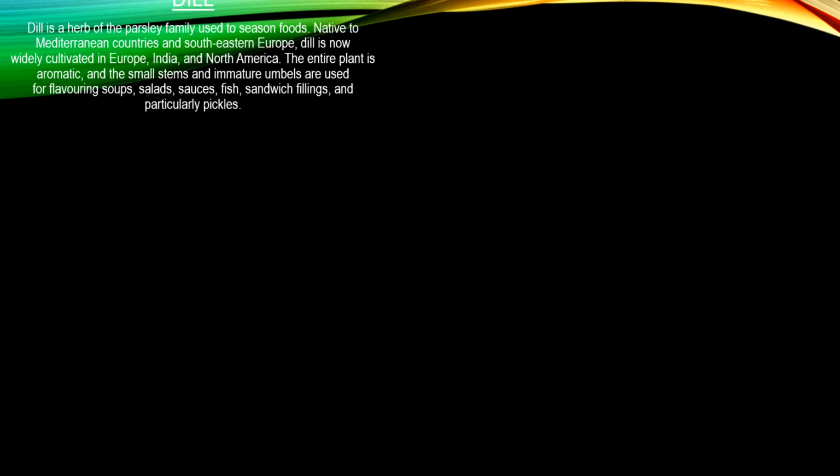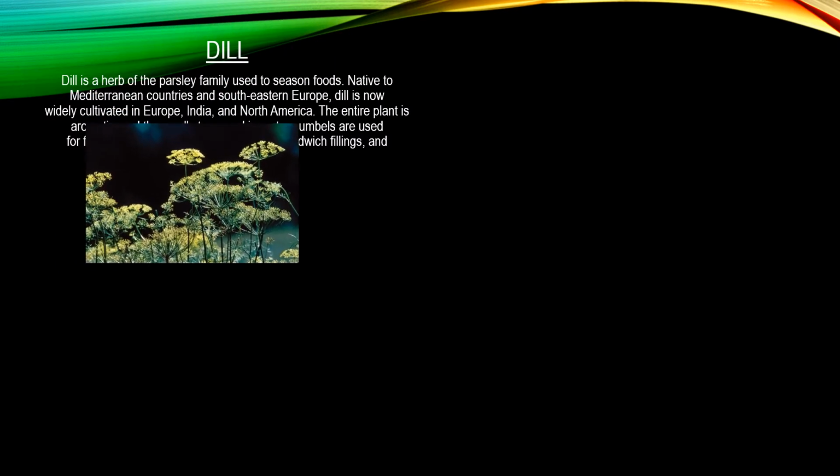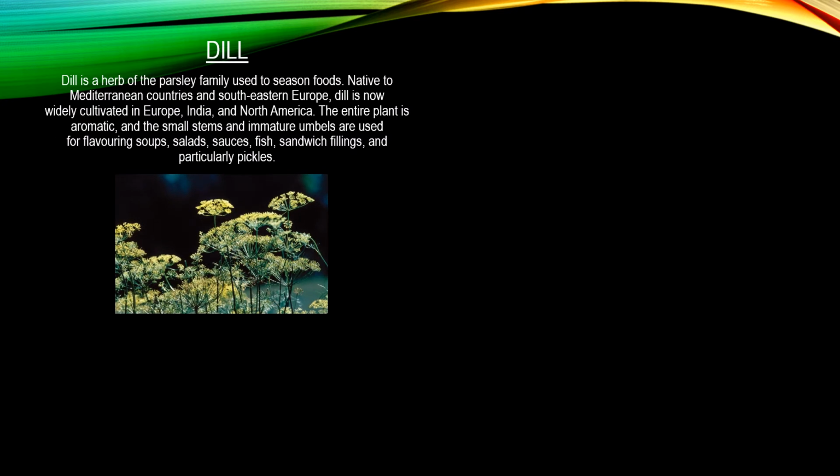The next herb we are going to discuss is dill. You can see the image of a dill flower in your slide. Dill is a herb which is found in both fresh and dried form. Both fresh and dried forms of dill have their own characteristics.